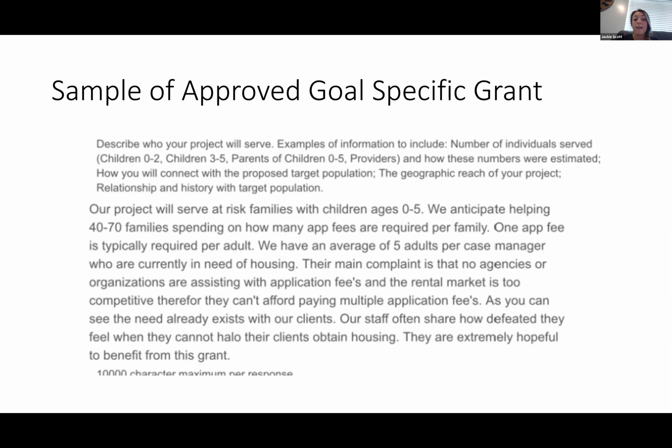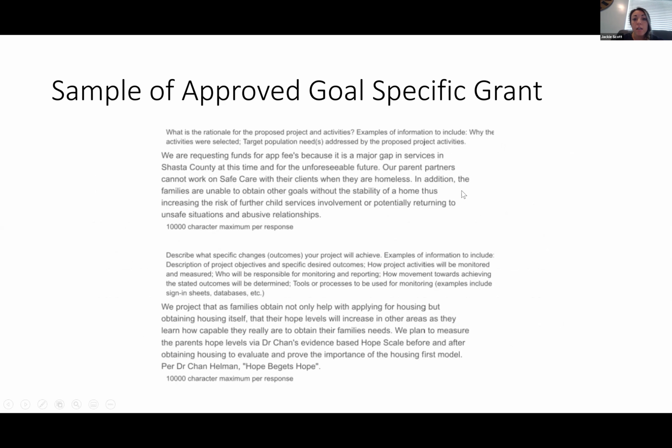They give a pretty strong backing of like, wow, this is impactful, and people aren't going to be able to access housing and pay all these application fees, especially with limited capacity, or limited inventory I should say, for housing right now. We'll go to the next page here. They give a rationale. They talk about it's a major gap in services.